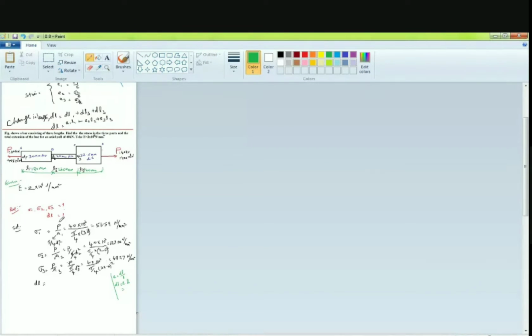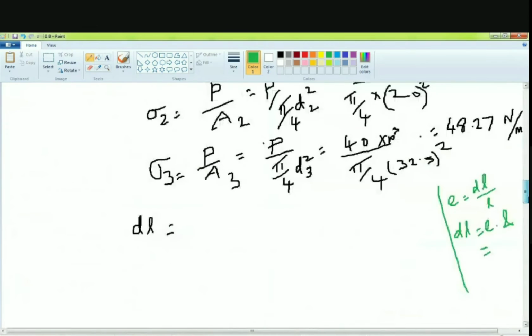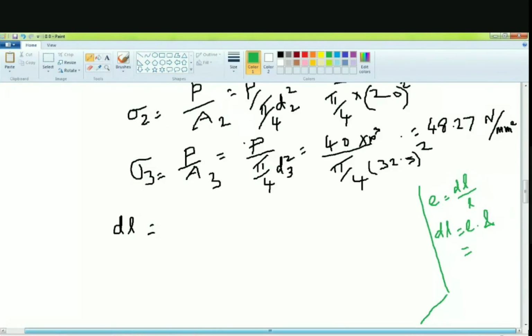The requirement is stress and change in length. We found stresses only. So we don't have the strain. But one more formula is related with the strain. What is the formula? Young's modulus. Because we know only three formulas: stress, strain, Young's modulus. That's all. So Young's modulus equal to stress divided by strain.